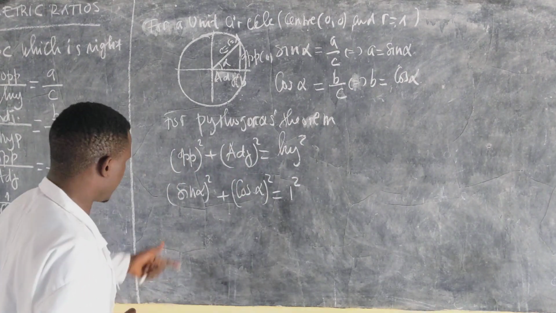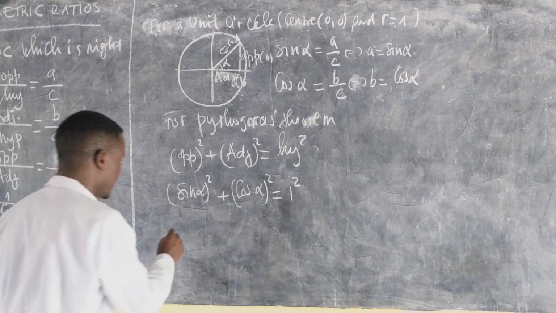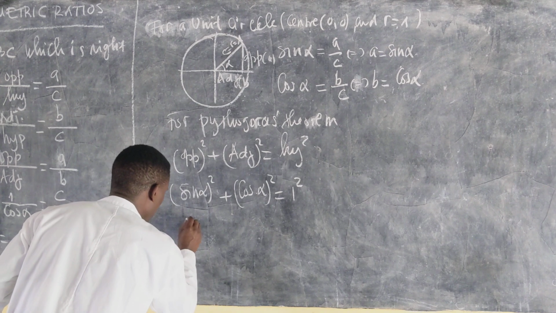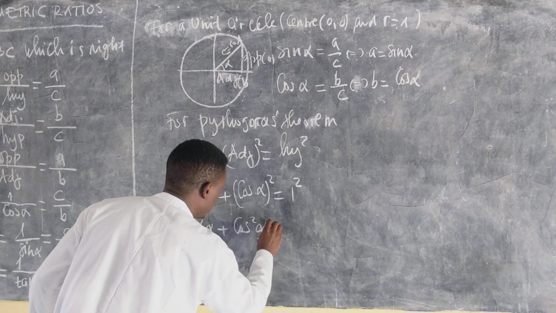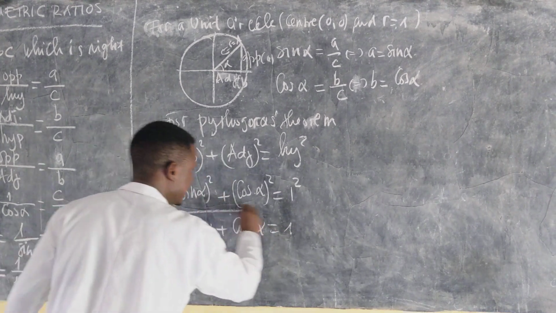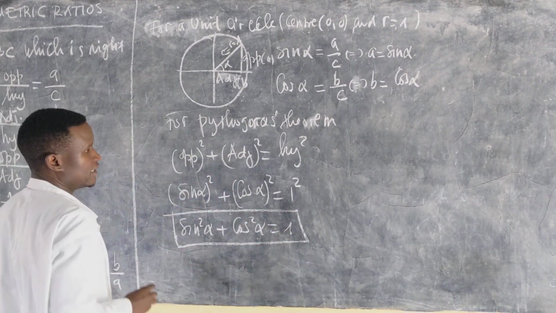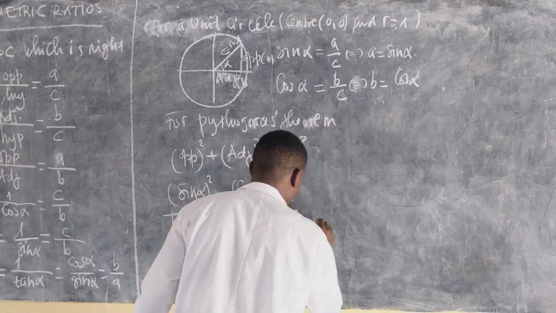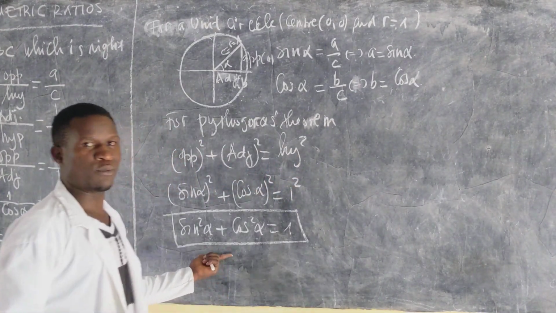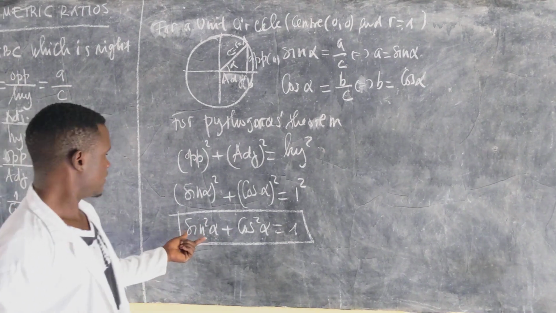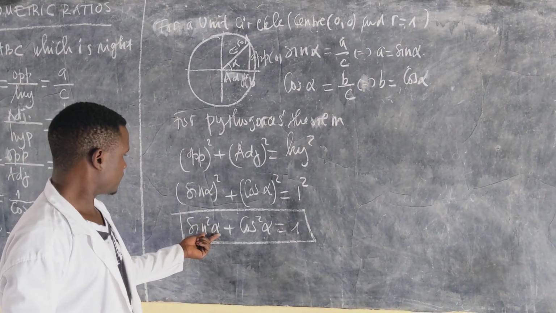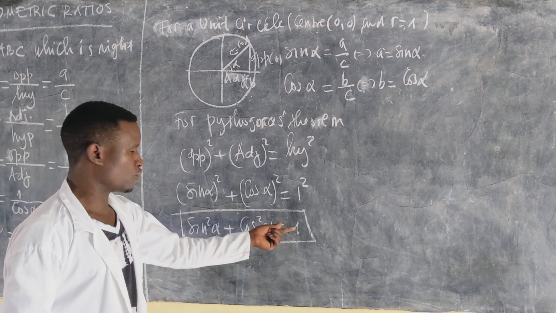We can get another formula: sine square of alpha plus cosine square of alpha is equal to 1. This formula is the fundamental formula or fundamental relation of trigonometry.